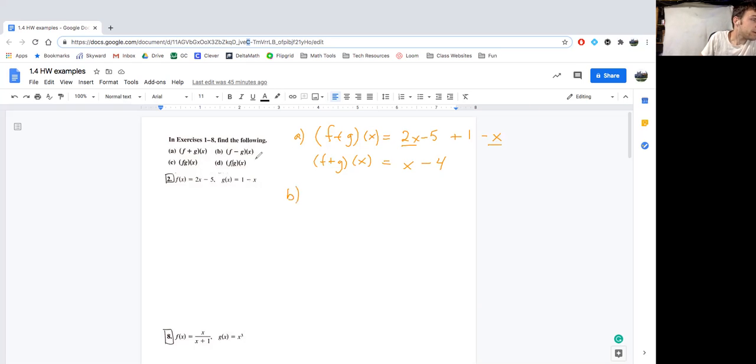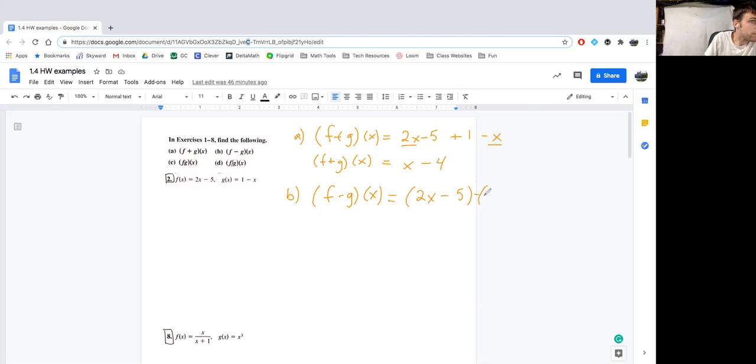All right, second one, we're going to go ahead and do subtraction. So we're going to do f minus g of x. You want to take note that in addition, it doesn't really matter the order that we add them. We'll end up with the same answer, but for subtraction, it matters slightly. It's going to make a difference which one we subtract.